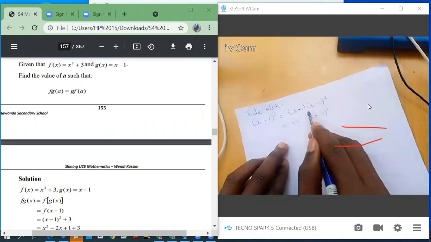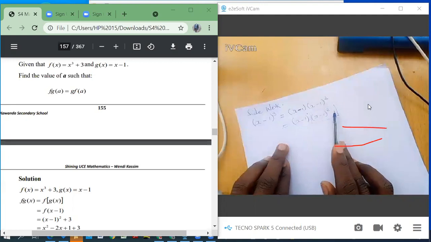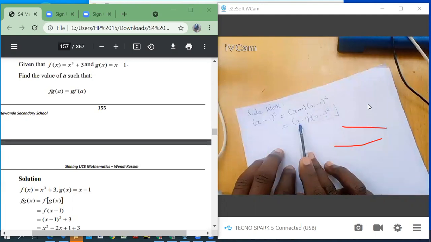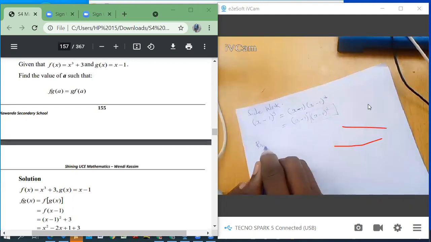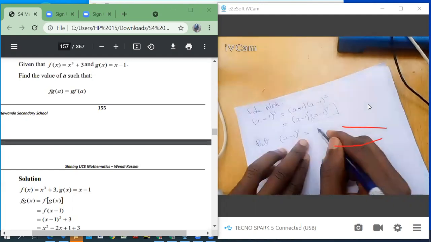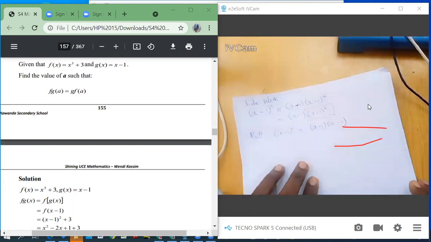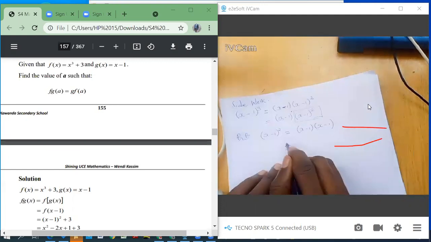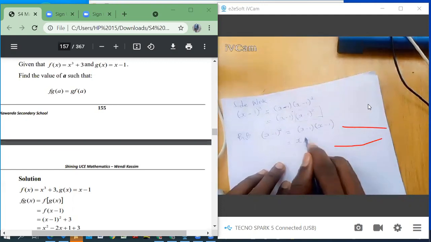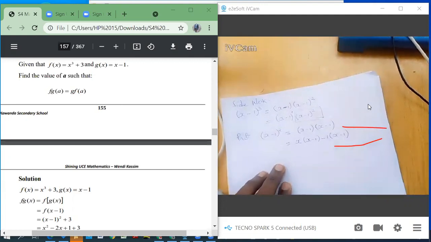So can we first get x minus 1 squared? Then after that, we come and put it onto this, okay? But x minus 1 squared is equal to x minus 1 into x minus 1. When you do that, you get x into x minus 1, minus 1 into x minus 1.